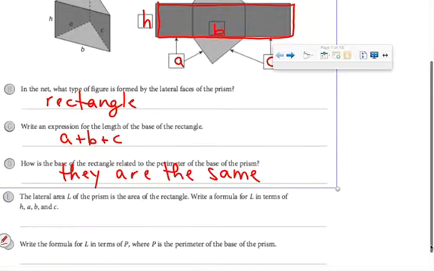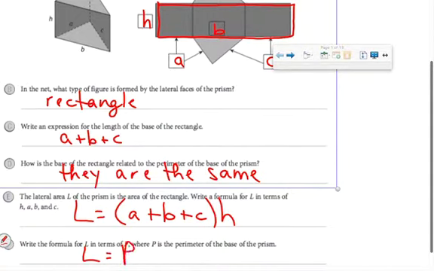Write a formula for L in terms of H, A, B, and C. The base of the rectangle is A plus B plus C, and the height of the rectangle is the height of the prism. Then it's asking me to write a formula in terms of P, where P is the perimeter of the base of the prism. Well, we already said that they're the same thing.